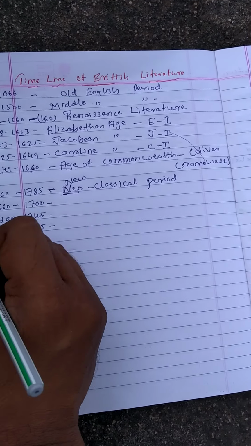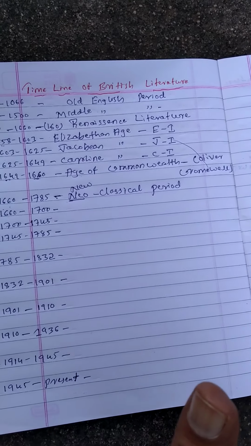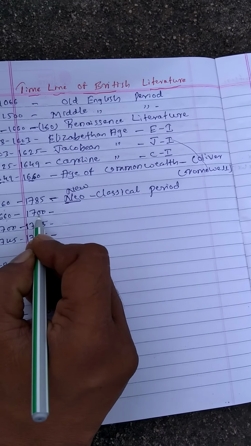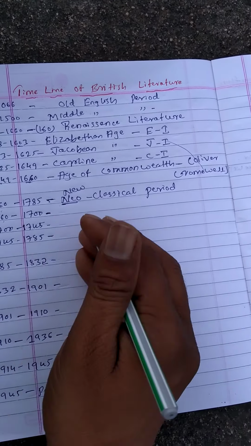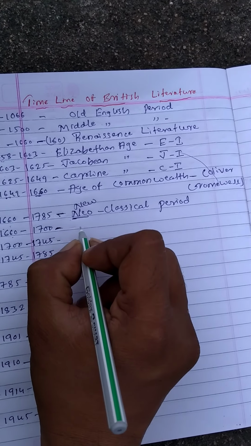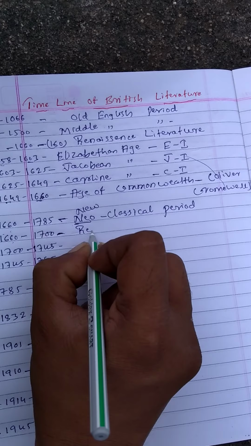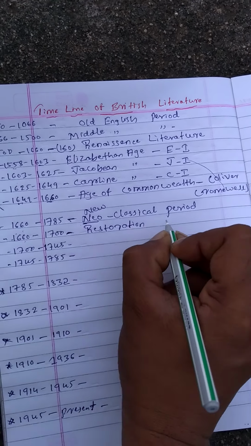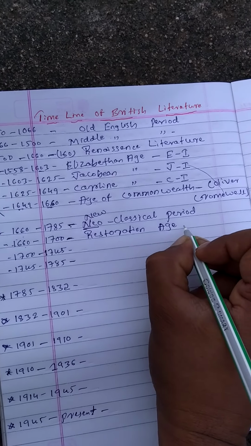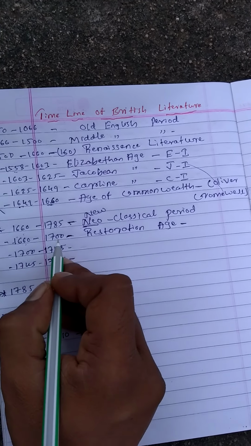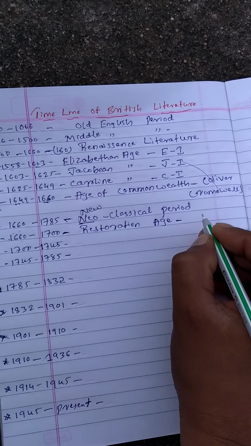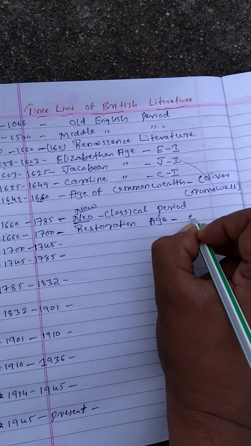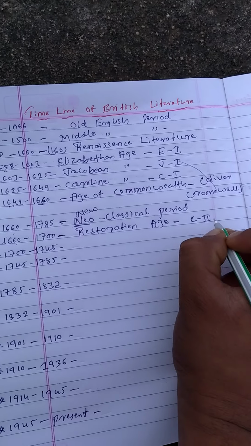In this age we come across three sub ages. You have to remember. From 1660 to 1700, we call this time period the Restoration age in British literature. Restoration means the restoration of Charles II to England.